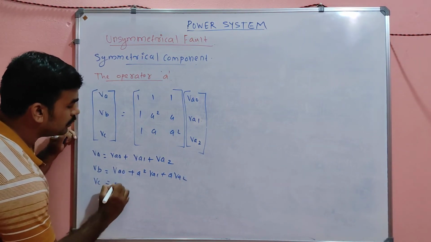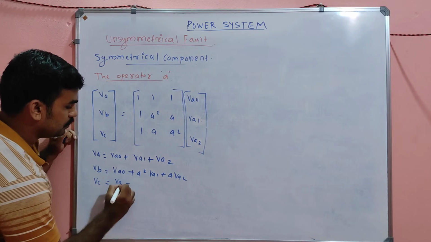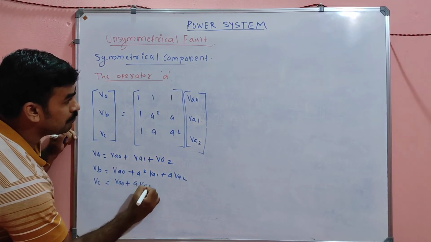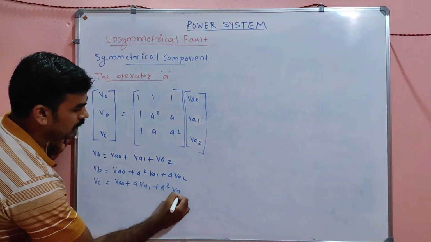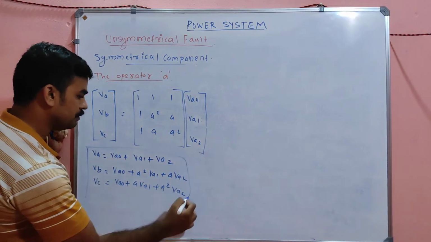Similarly, VC will be equal to VA0 plus A into VA1 plus A square into VA2. It's a very, very important relationship.